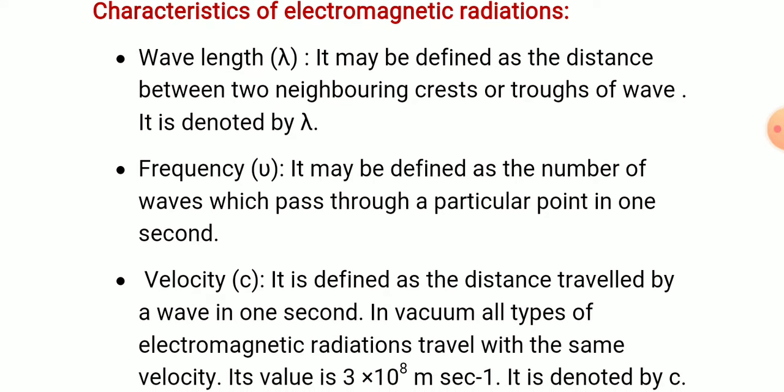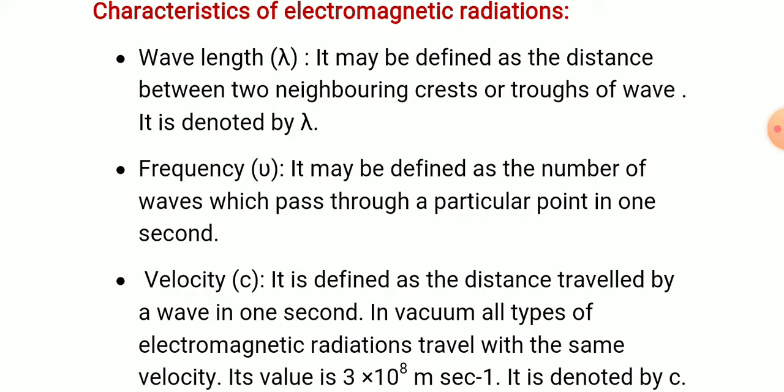It is represented by c, and velocity is defined as the distance traveled by a wave in 1 second. In vacuum, all types of electromagnetic radiation travel with the same velocity, and its value is 3 into 10 to the 8 meter per second.